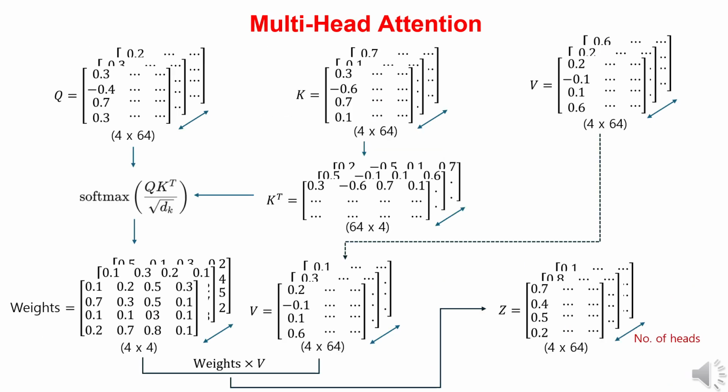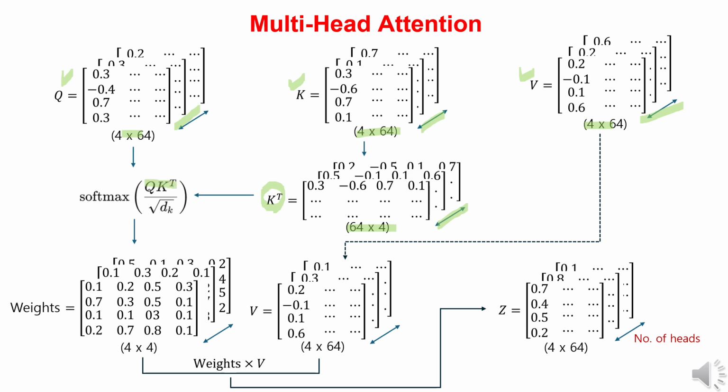Using the previously computed 4 by 64 query, key, and value matrices for each head, we now perform the multi-head self-attention computation. Since a total of 8 heads are used, the same self-attention operation is carried out in parallel on 8 different sets of Q, K, and V, each generated from different weight matrices. Within each head, the key matrix is first transposed to 64 by 4 and multiplied with the query matrix to produce a 4 by 4 score matrix.